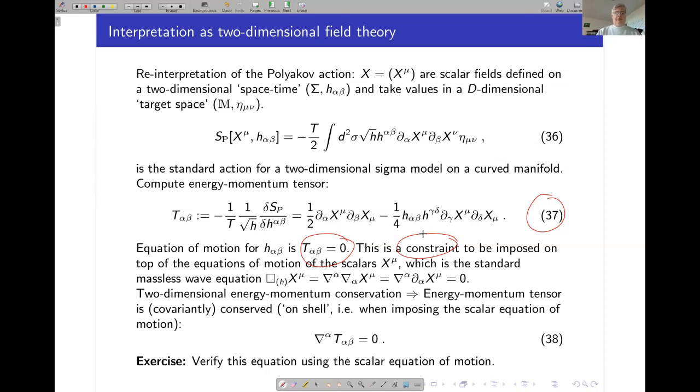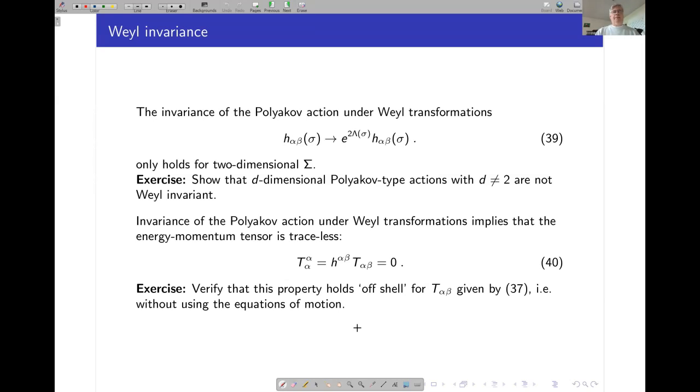An additional useful thing to look at is the energy momentum conservation equation, which on a curved worldsheet means that the energy momentum tensor is covariantly conserved. And that is something from which we also will draw important consequences later in this lecture. Now, we stressed the particular role of Weyl transformations, which sets the Polyakov action in 2 dimensions apart from any other dimension.